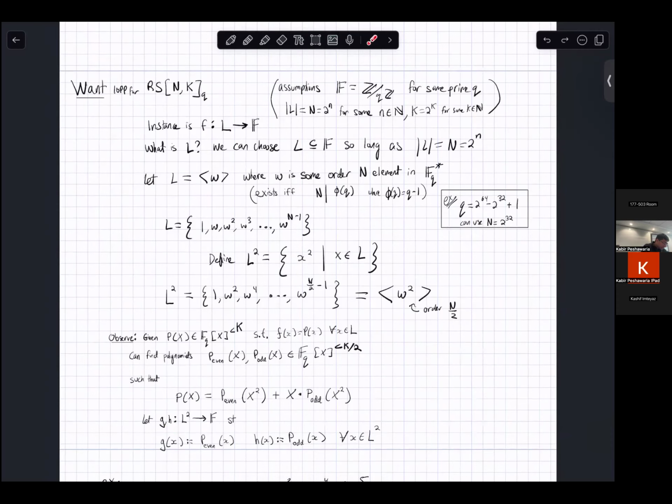So instead of checking whether F is close to the code, maybe I want to check if G and H are close to a different code, where N goes to N over 2, and K goes to K over 2.